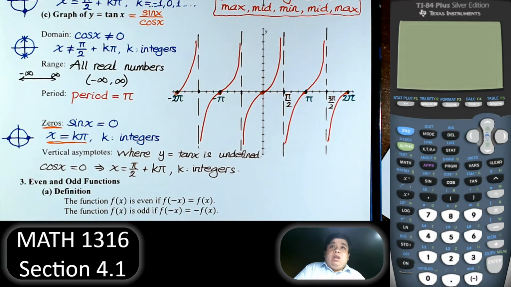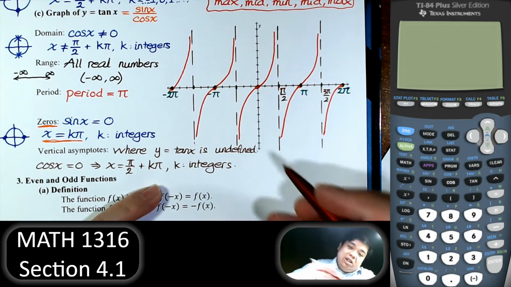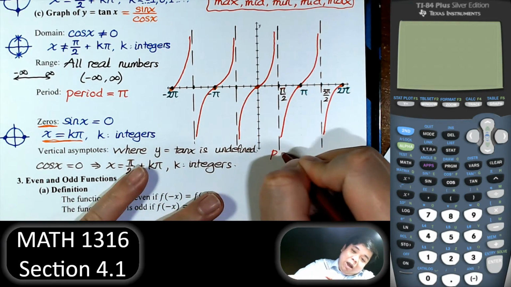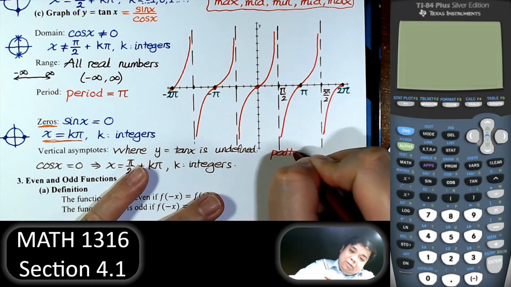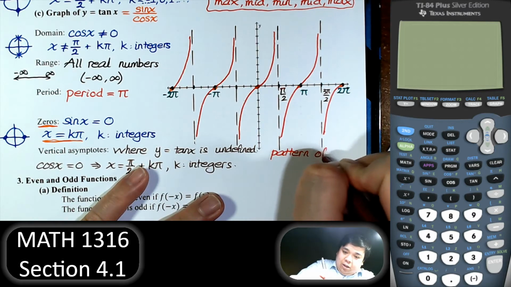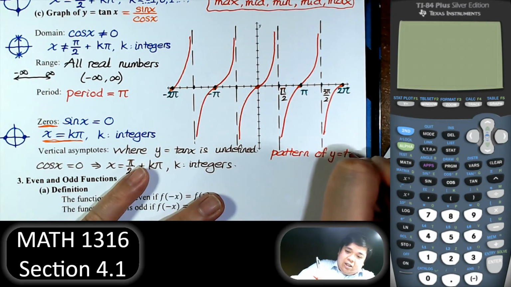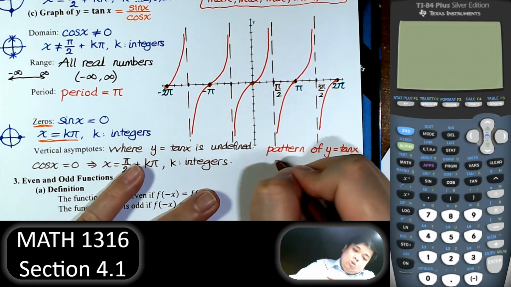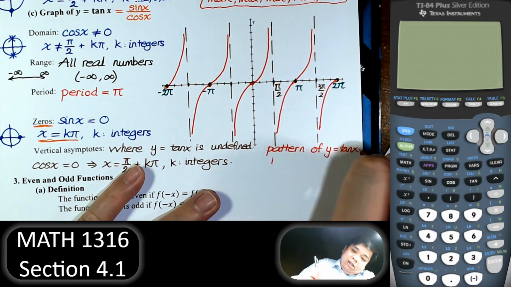The thing that I noticed in the pattern of tangent is that tangent is increasing. It will be easier if we just remember that. So the pattern of y equals tangent x: just one word, increasing.